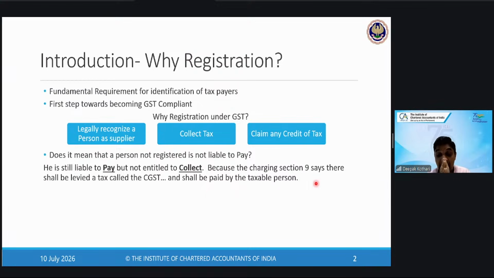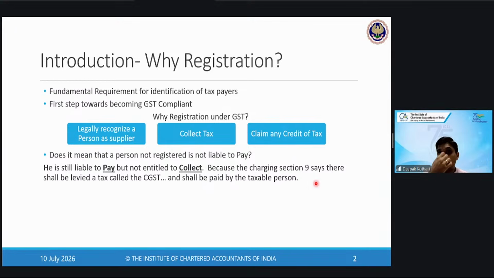Section 9, the levy or the charging section, says that a person who has made any supply is liable to pay tax. But if he's registered, then he gets the benefit of collecting the tax from the customer. But if he's not registered and he's made sales, still he is liable to pay tax because an unregistered person also can be asked to pay tax because he's made a supply.